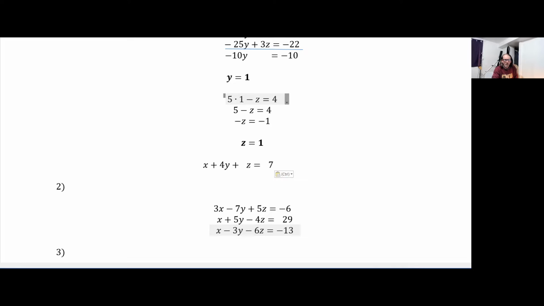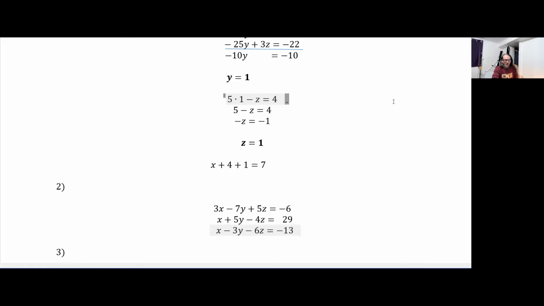And also putting in 1 for y and z is going to make this nice. Combine the like terms that are on the same side with that same operation of addition. x plus 5 equals 7. And then subtract 5 from both sides because the 7 and the 5 are on opposite sides. We're going to get that x equals 2.